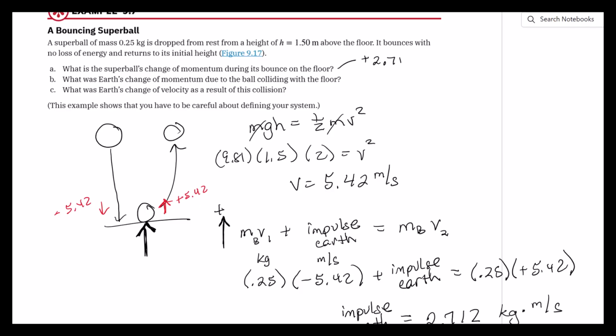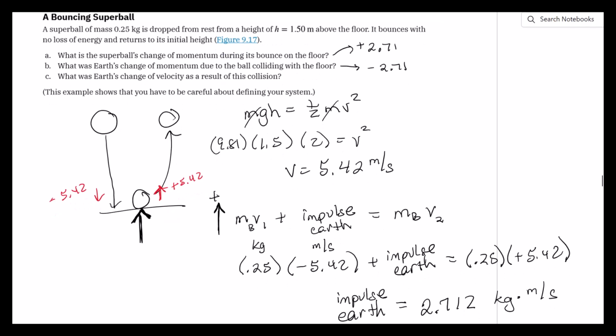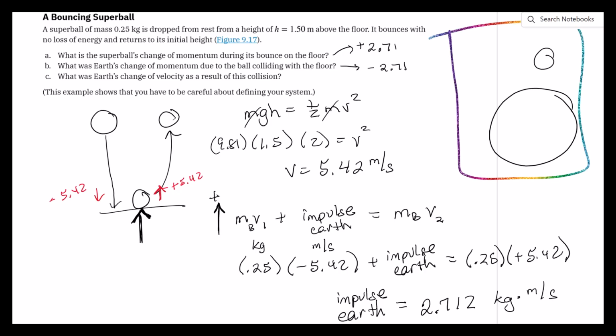Now, from the Earth's point of view, the opposite happened. So you can either just go, well, then clearly the Earth is negative 2.71. Another way to think of it is if we looked at the whole thing as ball plus Earth as a system, then that impulse in the center is internal, so it would need to cancel out.